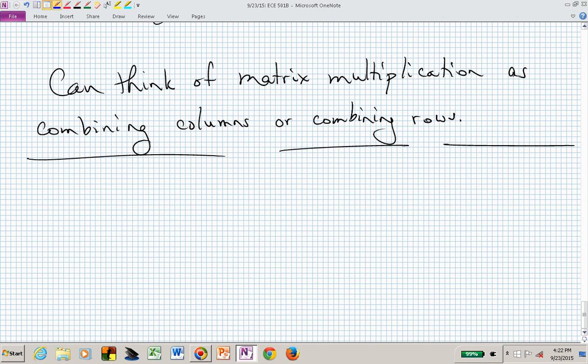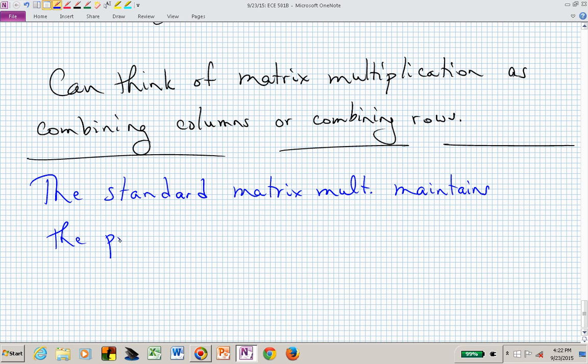A few more things about matrix multiplication. The standard matrix multiplication maintains the properties that we want.